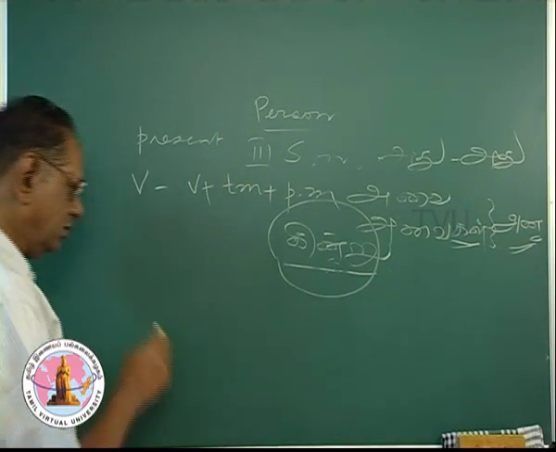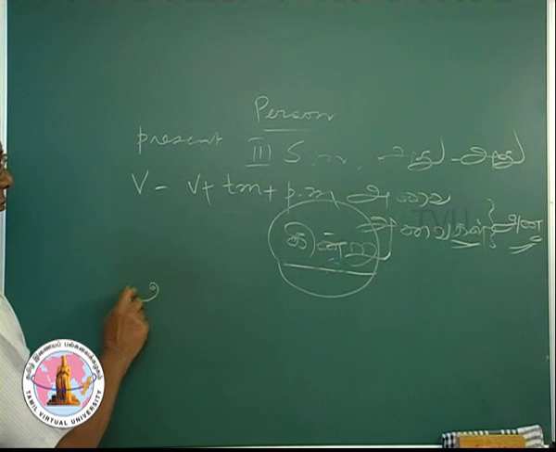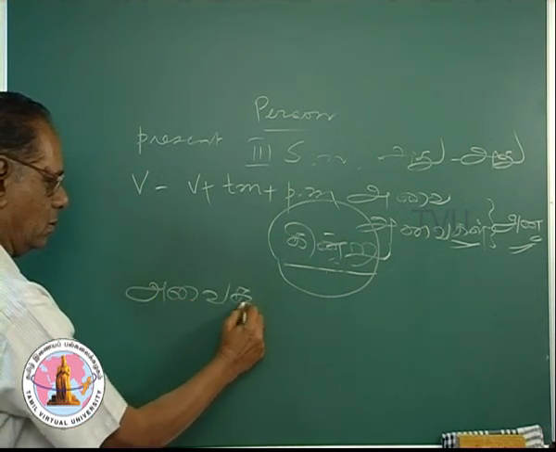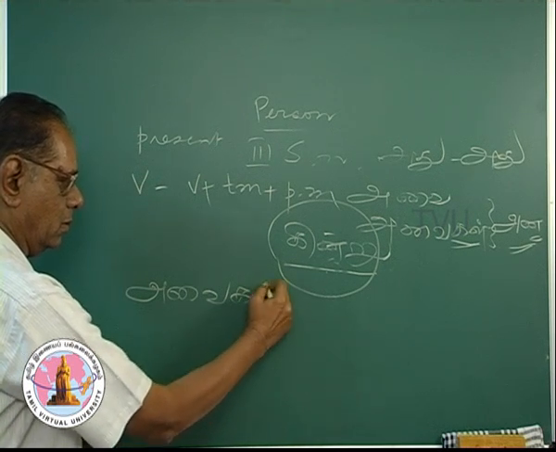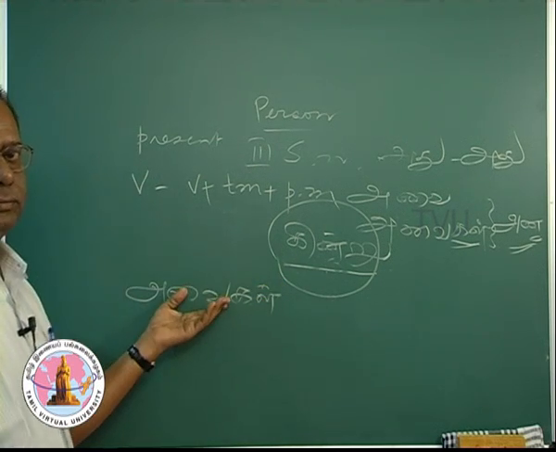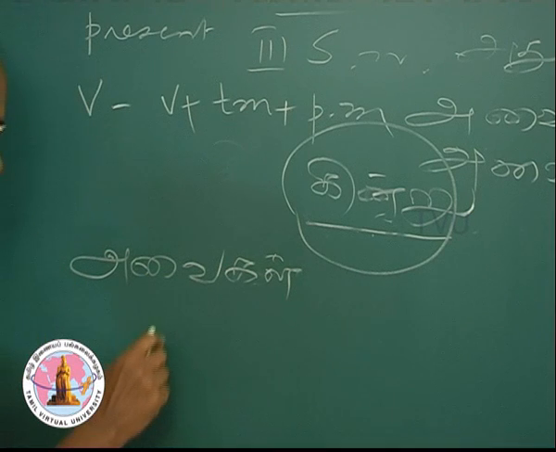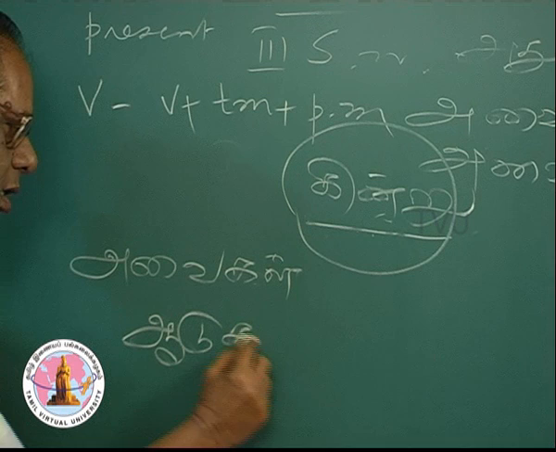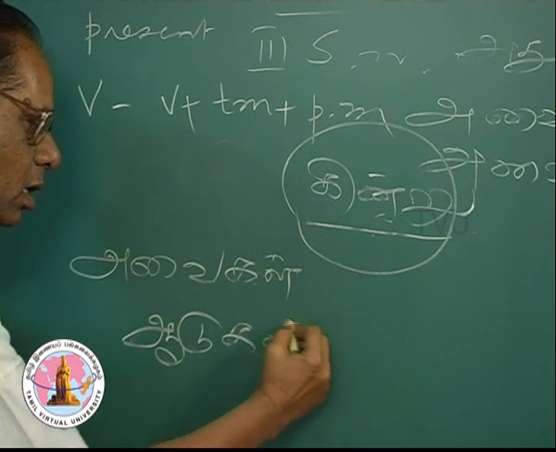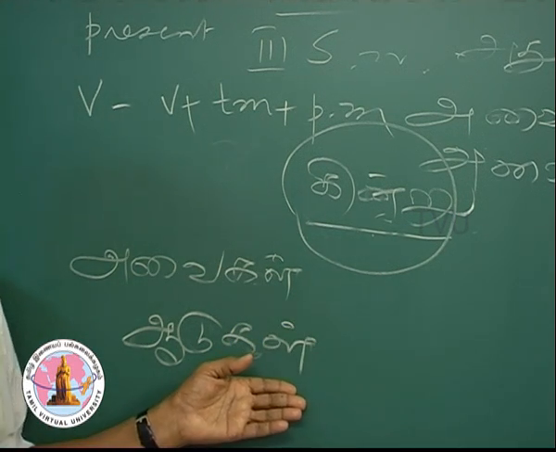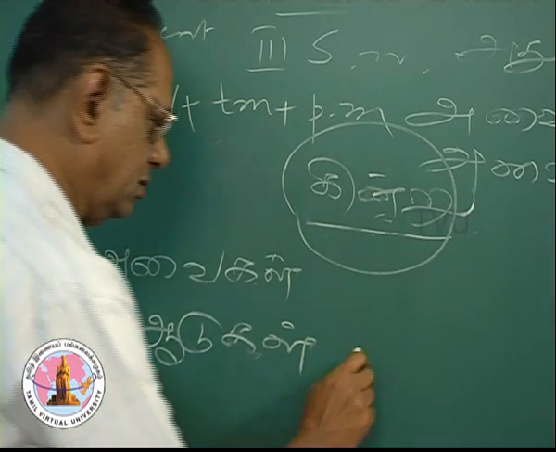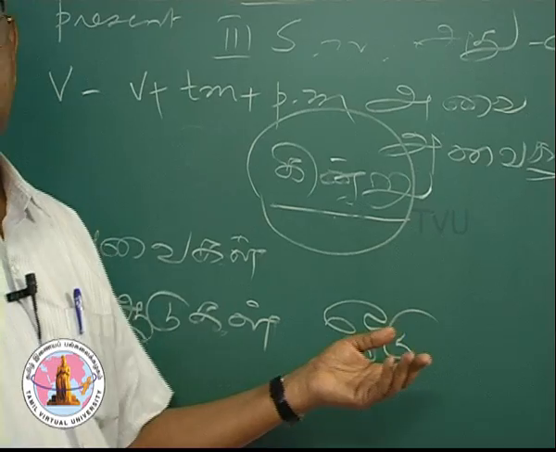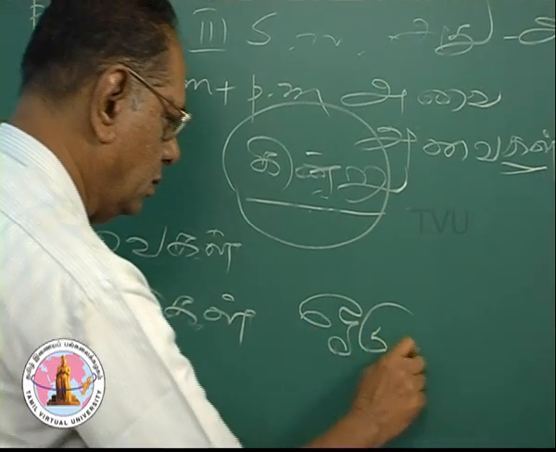Otherwise, what happens? Avaigal, I will replace it with some other noun. Aadugal, let us say. Odu, odu is to run.